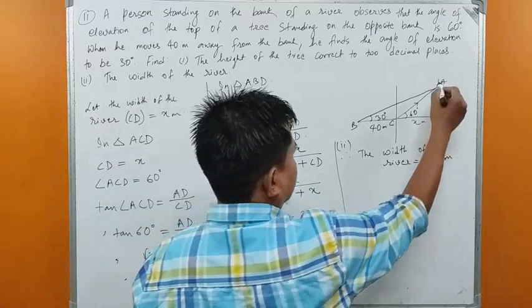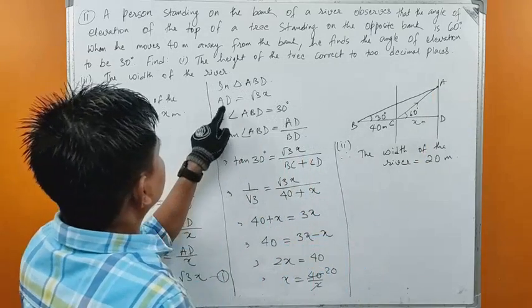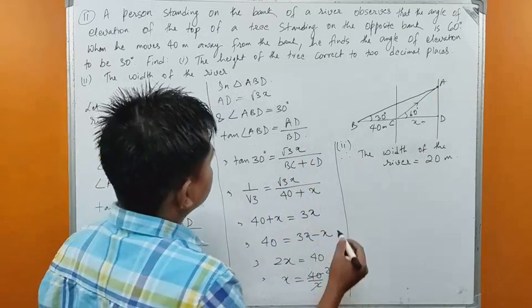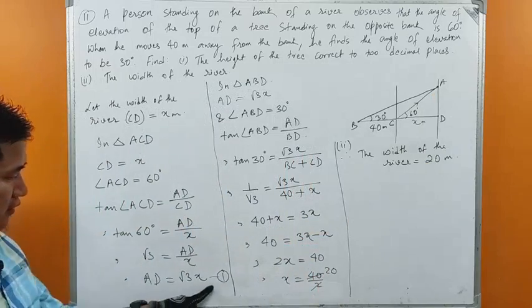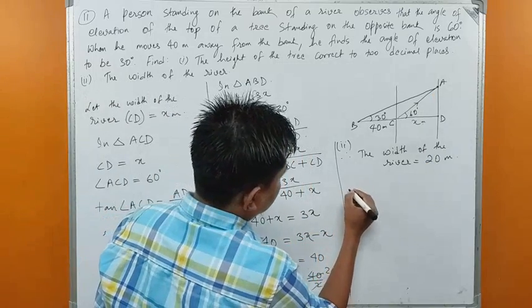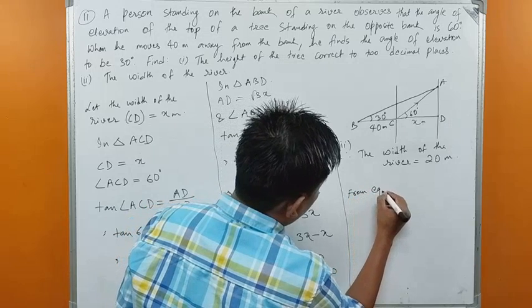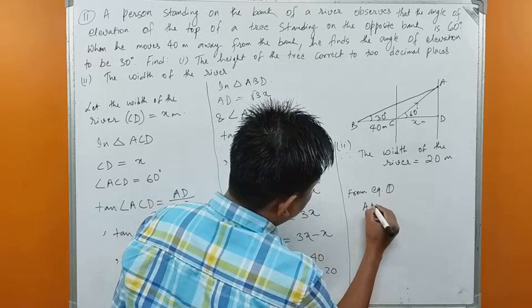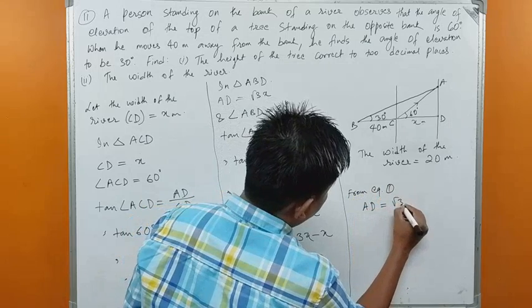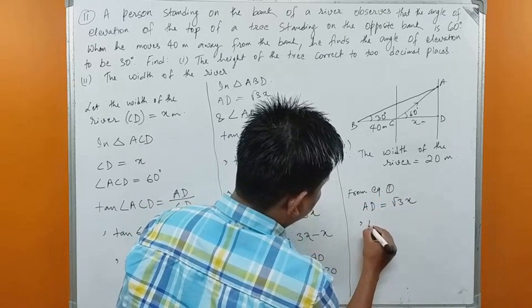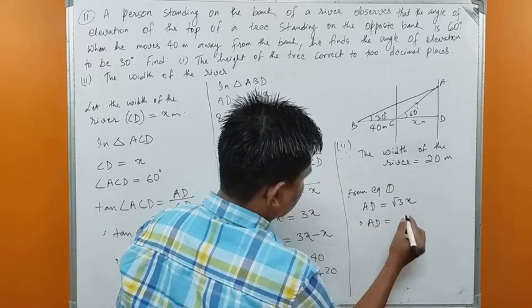Now let us find AD. So we know AD equals root 3x from equation 1. From equation 1, we have AD equals root 3x. What is root 3?